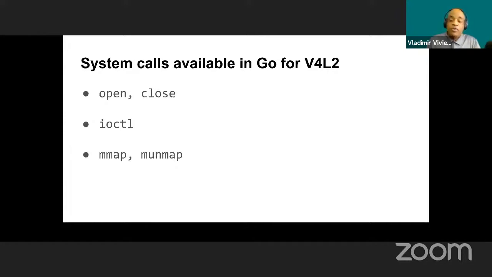Actually, it's the reverse. We're going to map the device's memory into our running program. That's what memory map does, mmap. And then unmap releases that memory. And then select, which is another system call we're going to see. Basically, we're going to use select so that we can be notified when our device is ready, so we can read the data that we want.